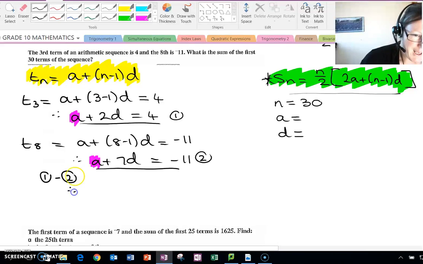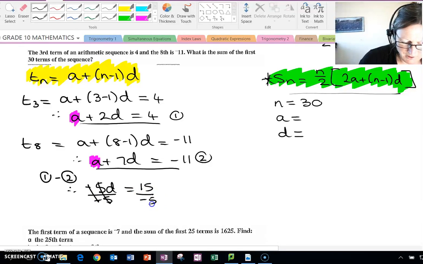So A subtract A cancels. 2D subtract 7D is negative 5D. And 4 subtract negative 11 gives me positive 15. Divide this by negative 5 to cancel. Divide this by negative 5. So D is equal to negative 3.